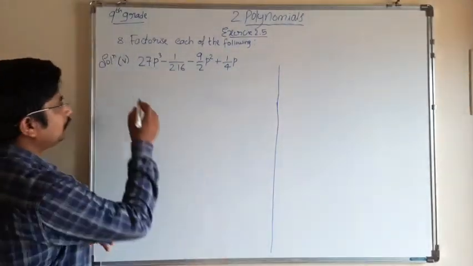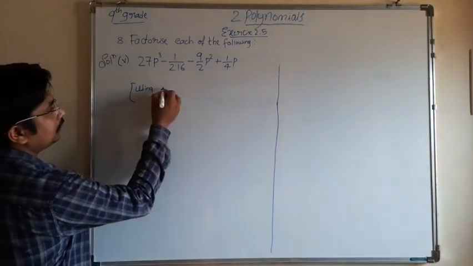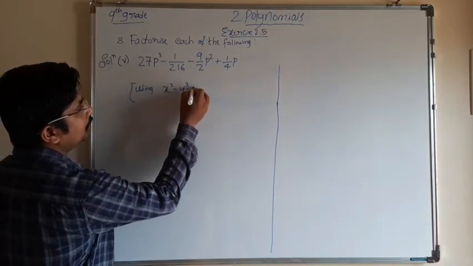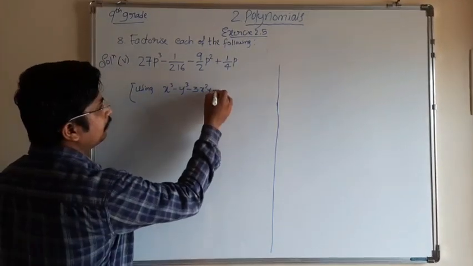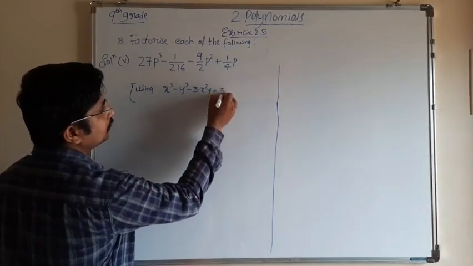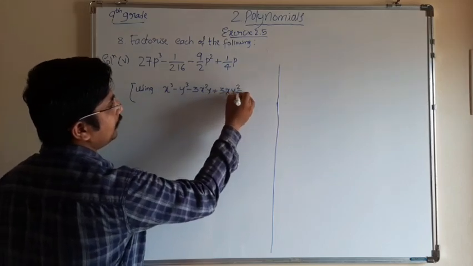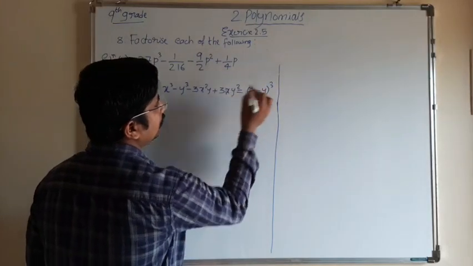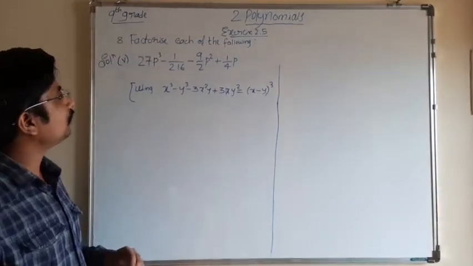By using the identity x cube minus y cube minus 3x square y plus 3xy square, which is equal to x minus y whole cube, that is the seventh identity, we will solve.